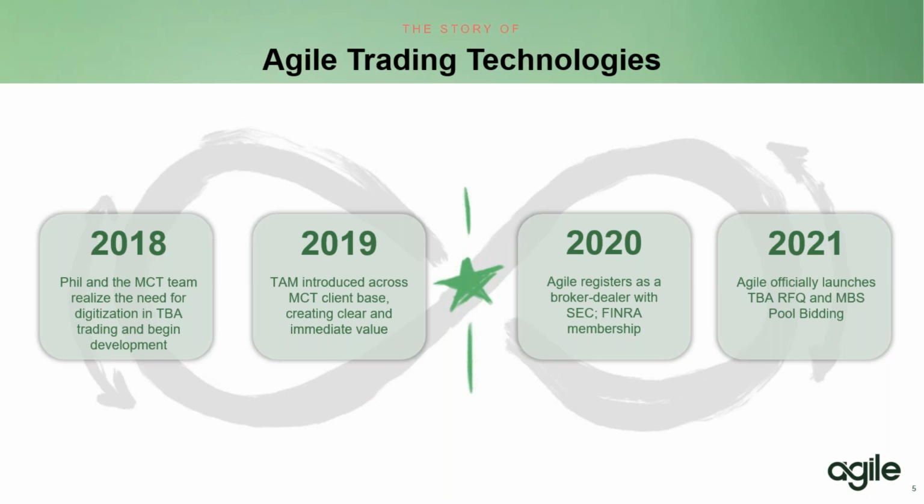So practically speaking, Agile now licenses TAM to MCT, so that from an MCT customer's perspective, there's really no change. You're still enjoying the benefits of electronic TBA trading, and Agile also continues to manage the broker-dealer participation on the platform.